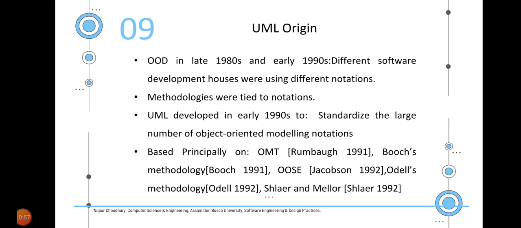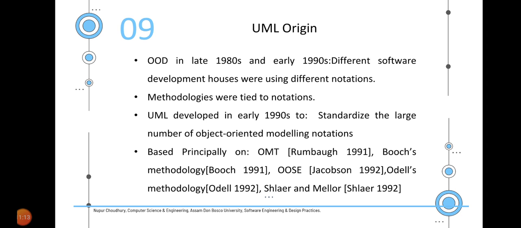So let us talk about a little bit of origin regarding the UML. It was in the 1980s and early 1990s that various different software development houses were using different notations.